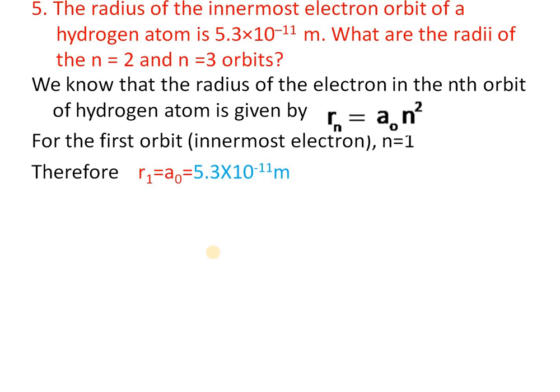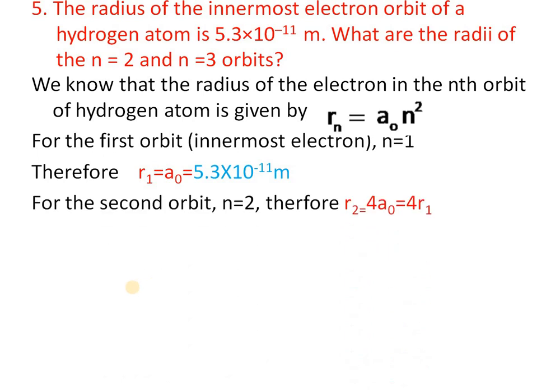What we need to calculate is R2 and R3, that is the radius in the second orbit and third orbit. Now if you substitute n = 2 for the second orbit, we get R2 = 4 a0, that is nothing but 4 times R1.